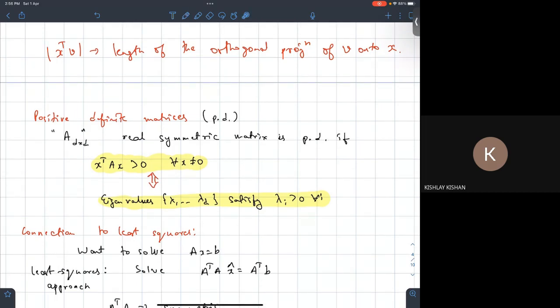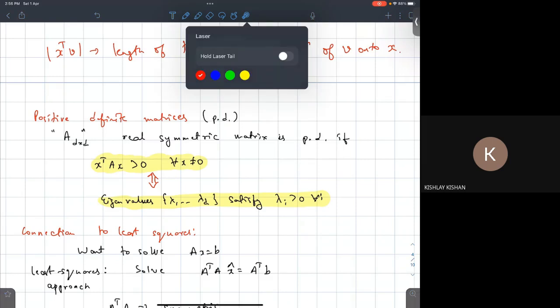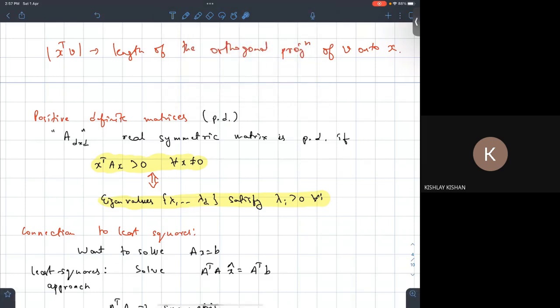You can say that a matrix A, which is D cross D, real symmetric, is positive definite if all of its eigenvalues are strictly positive, and you will get this. Or you can define it like this, and you will get this. I think the proof was done in the notes. I may have done the proof, I don't fully recall. It's been a while.